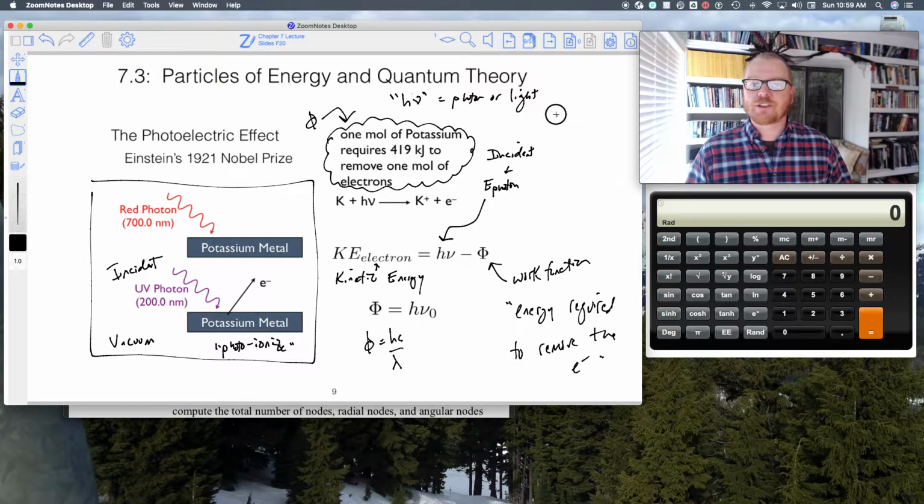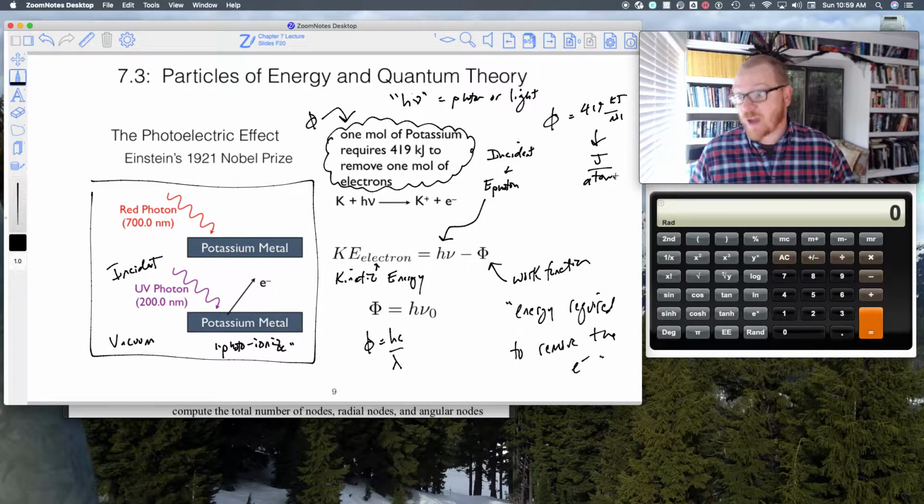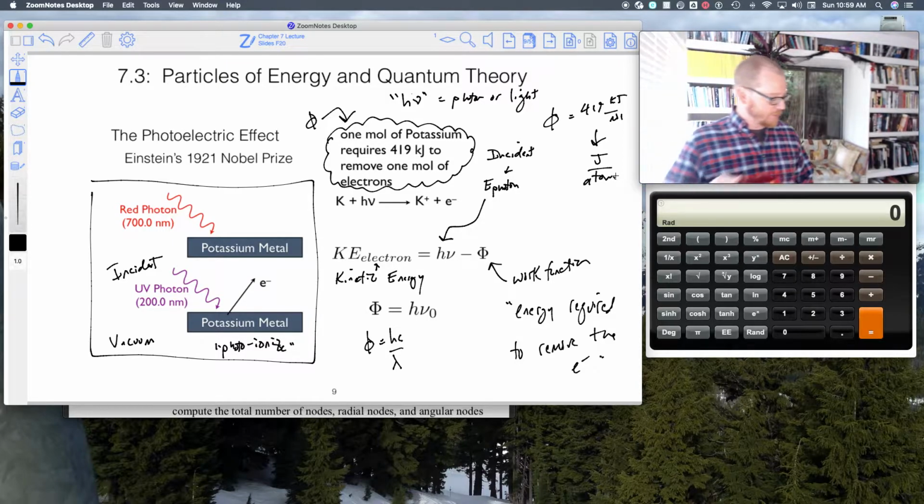However, this work function energy, if it's given to us as 419 kilojoules per mole, we have to convert it into joules per single atom. So we have to do that conversion to make this calculation possible, okay?